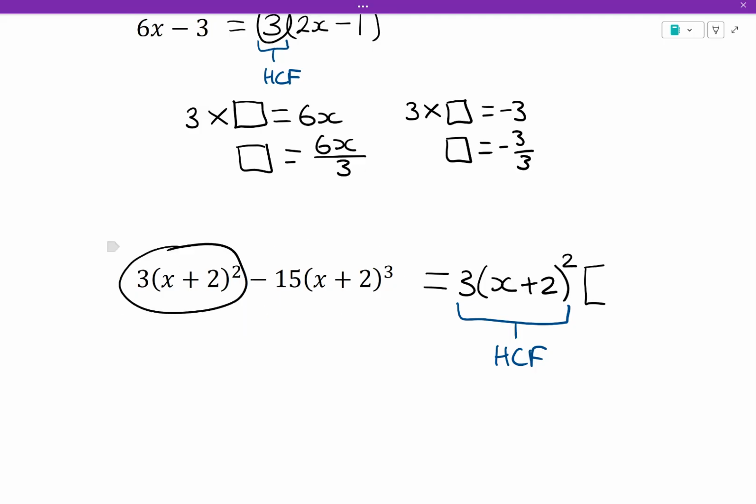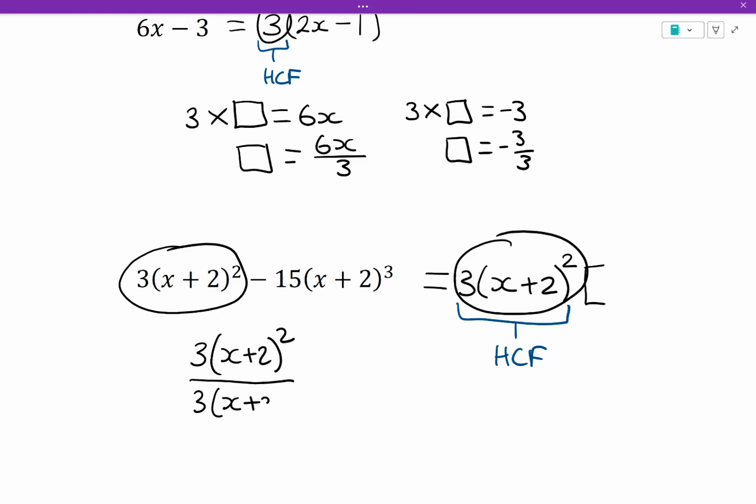For the first term, we'd have 3 lots of x plus 2 squared, and we're going to divide that by our highest common factor, which is also 3 multiplied by x plus 2 squared. Let's simplify that. We've got something divided by itself, so this is going to come out as 1. Therefore, the first term in our bracket is going to be 1.